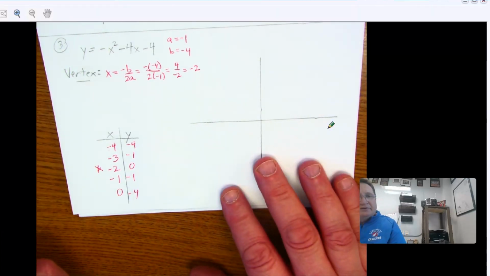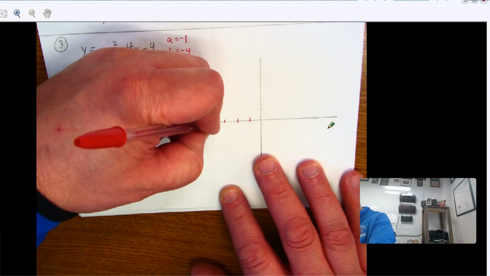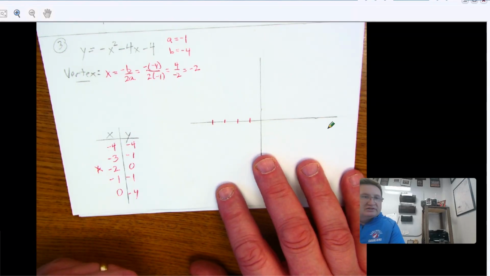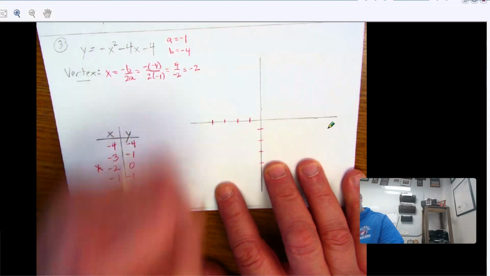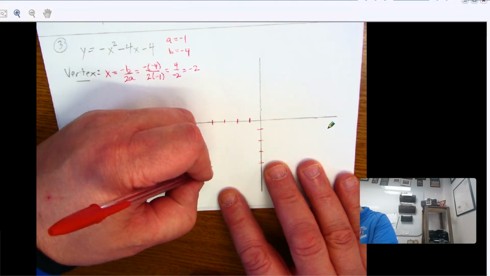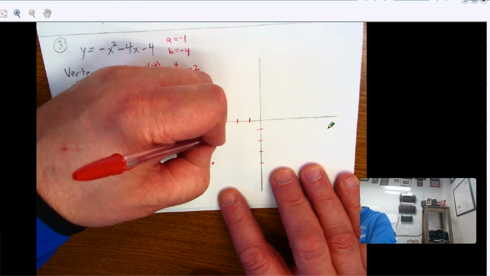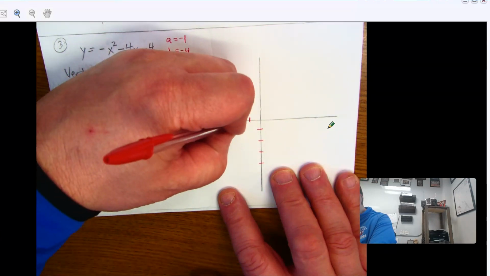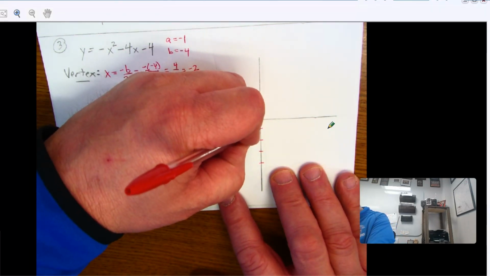So let's plot them. We've got 4 to the left of 0 we're going to plot, and we got some y-coordinates that are also negative, and so let's do that. And so we've got a point -4, -4. We've got a point that's -3, -1. We got a point that's -2, 0. We've got a point that's -1, -1.